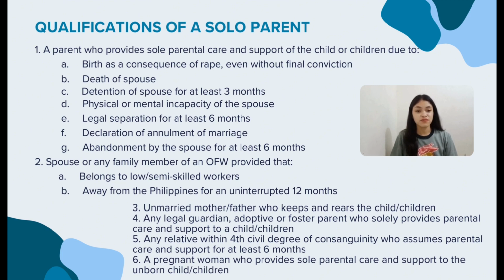Fifth, any relative within fourth civil degree of affinity of the parent or legal guardian who assumes parental care and support of the child or children as a result of abandonment, disappearance, or absence of the parent or solo parent for at least 6 months, provided that in cases of solo grandparents who are senior citizens but who have the sole parental care and support over their grandchildren, who are unmarried or unemployed, and 22 years old or below, or those 22 years old or above but who are unable to fully take care or protect themselves from abuse, neglect, cruelty, exploitation, or discrimination because of a physical or mental disability or condition.